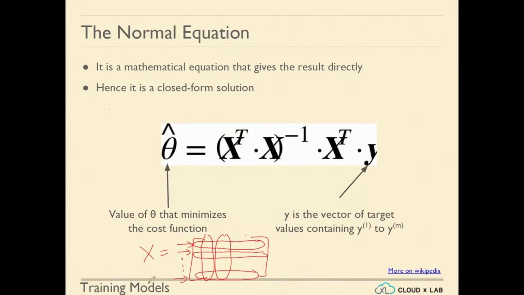So the solution vector theta is nothing but (X transpose X) inverse X transpose Y, where X is the input matrix and Y is the output vector, right?